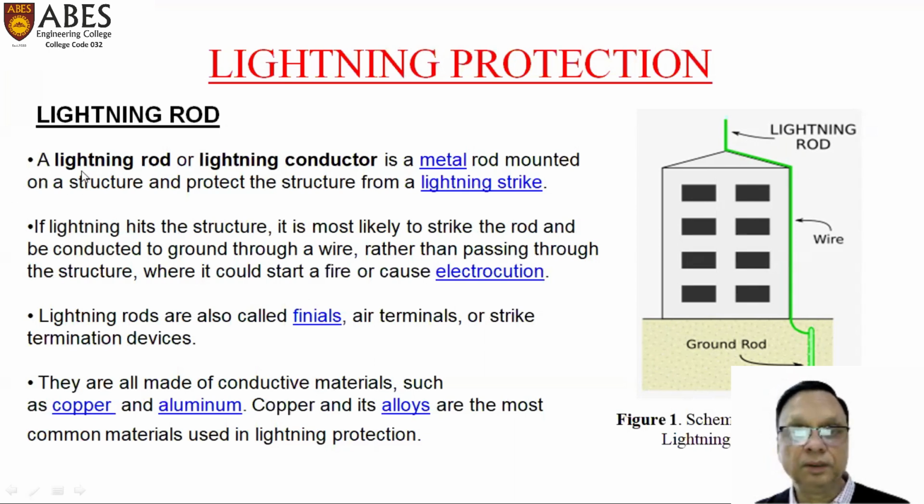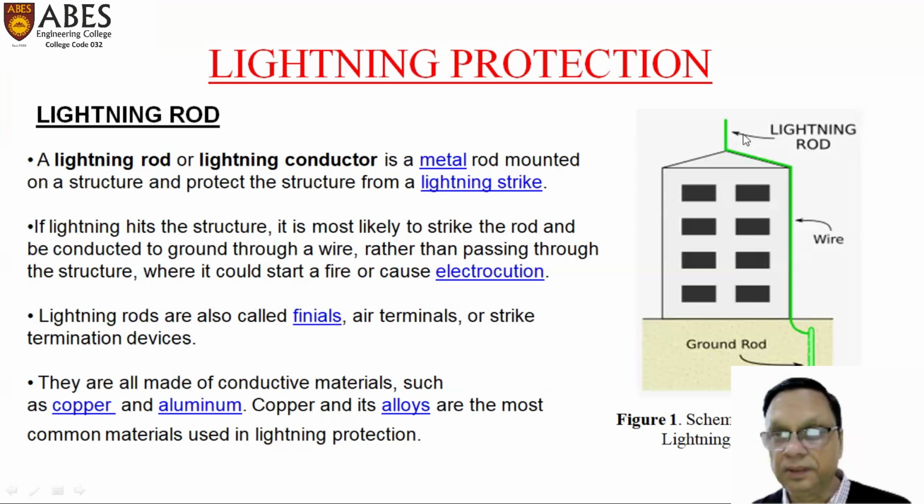A lightning rod or lightning conductor is a metal rod mounted on a structure to protect the structure from a lightning strike. If lightning hits the structure, it is most likely to strike the rod and be conducted to the ground through a wire rather than passing through the structure.